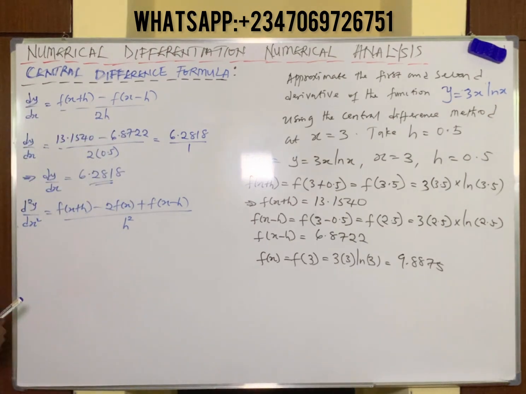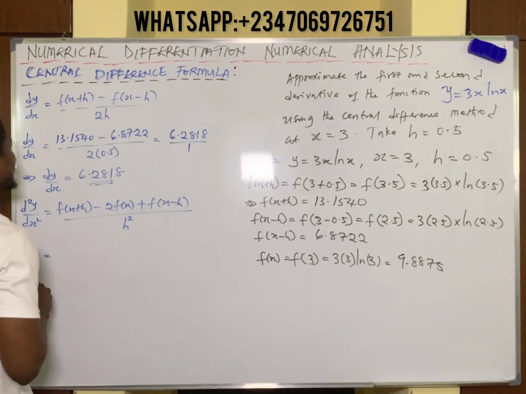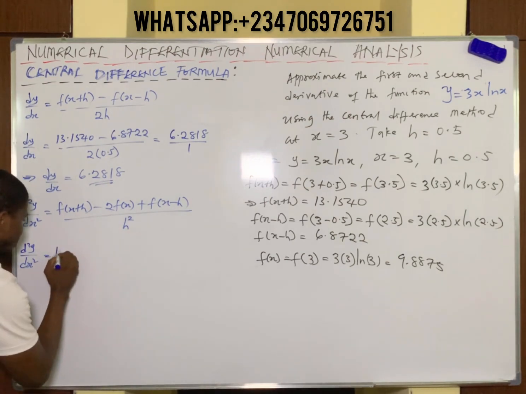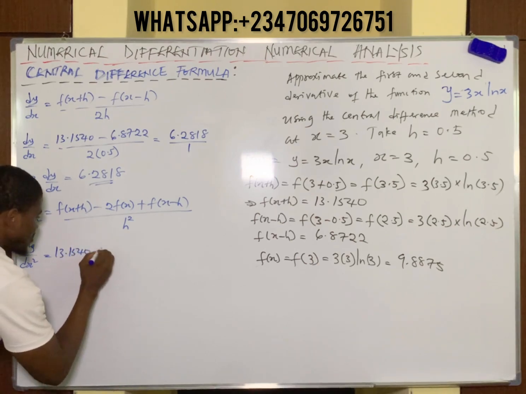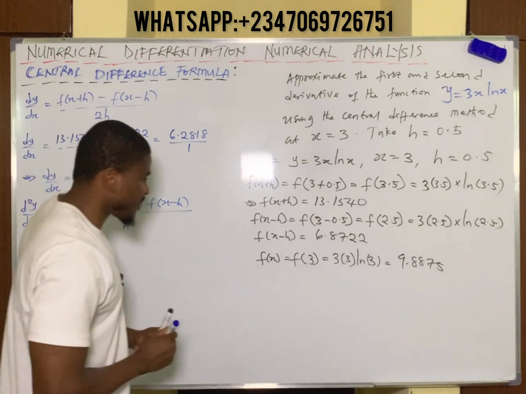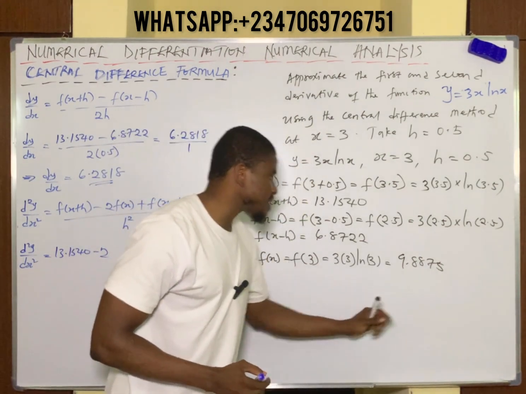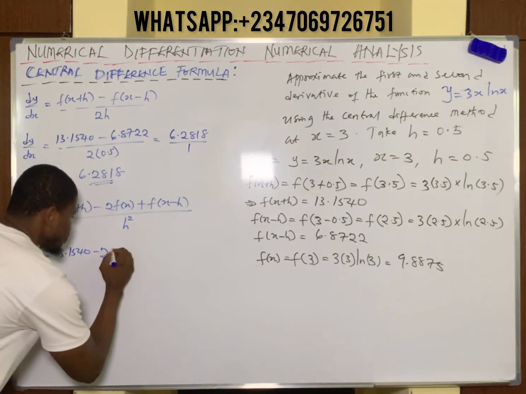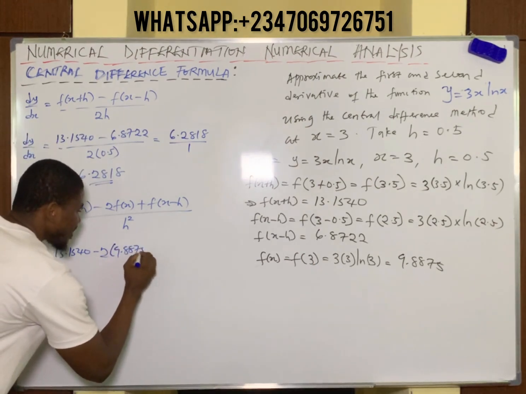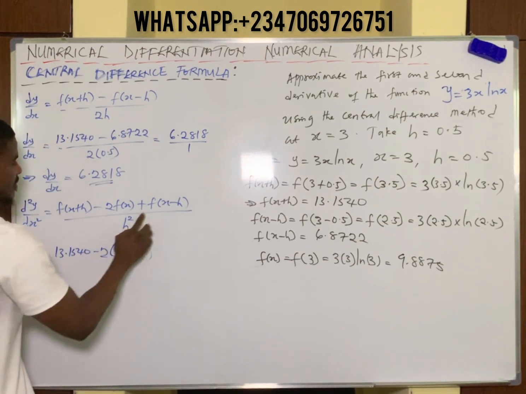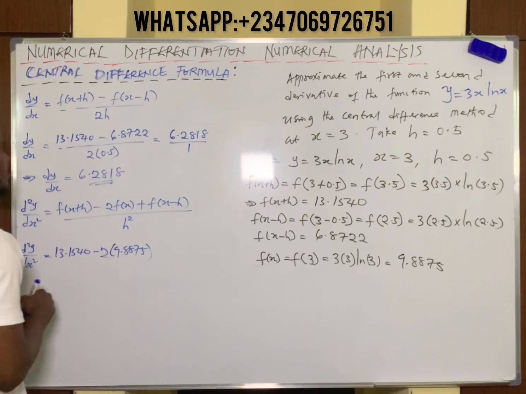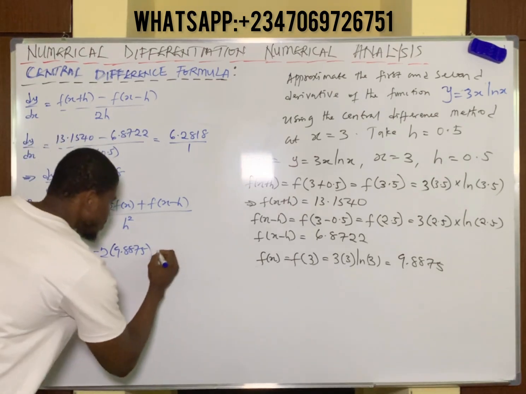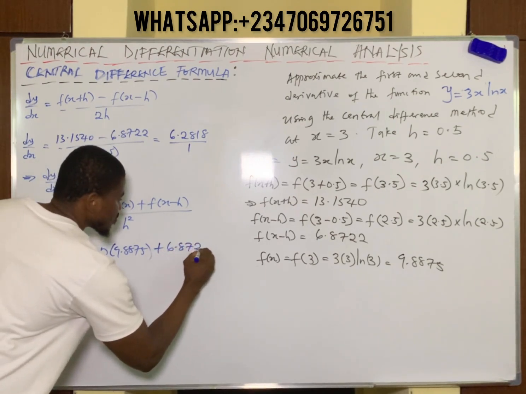Now we simply plug into the formula to obtain our second derivative. So d squared y over dx squared equals f of x plus h, the value is 13.1540, minus 2f of x, and f of x gave us 9.8875, so minus 2 times 9.8875, plus f of x minus h, and f of x minus h gave us 6.8722, so plus 6.8722.